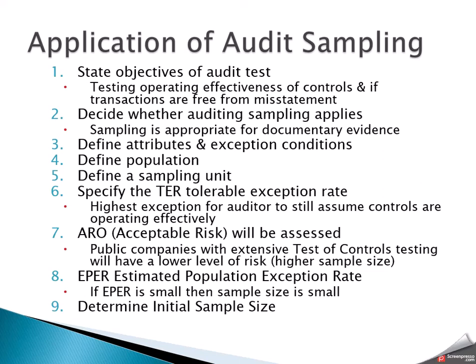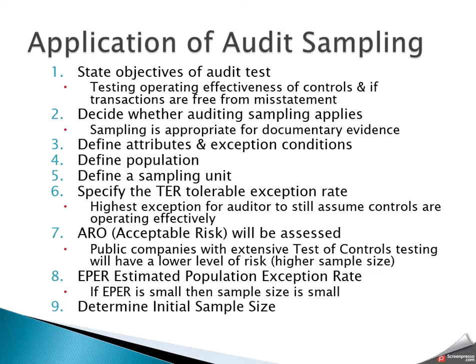All right, then we have the application of our audit sampling. Basically, you've got to state the objectives of the audit test: if we're testing the operating effectiveness of the internal controls, or if we're testing the transactions to ensure that they're free from material misstatement.